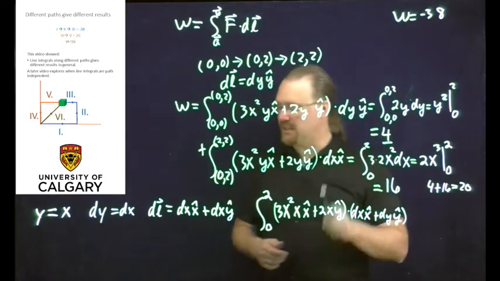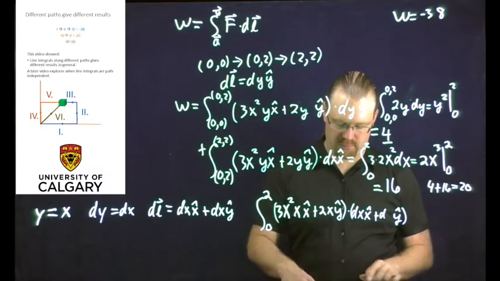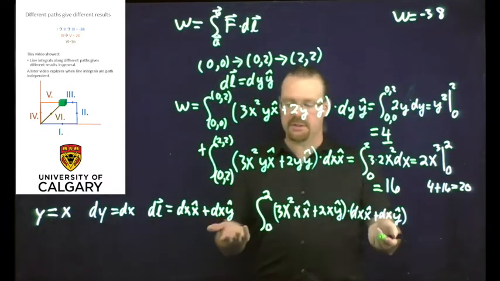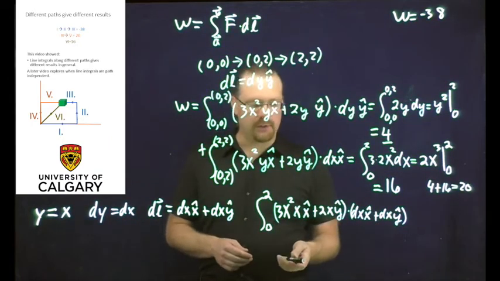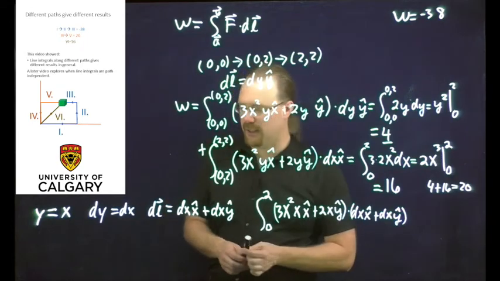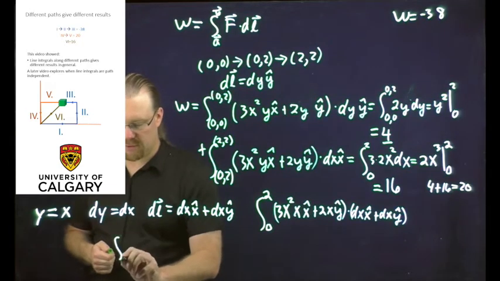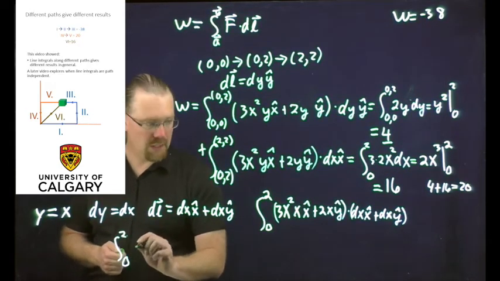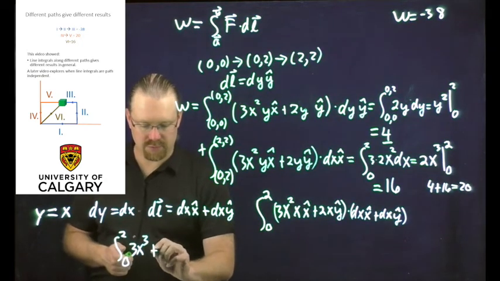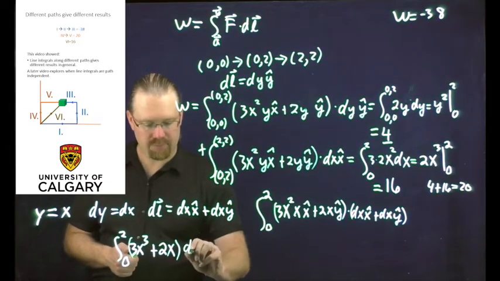Oh, except that dx equals dy, so we can replace this with a dx. Well, what does this give us? As we combine our terms, this term is going to combine with this dx, and this term is going to combine with this dx, and of course 3x squared x is 3x cubed, so this is going to give us the integral from 0 to 2 of 3x cubed plus 2x, and all of that is going to be dx.